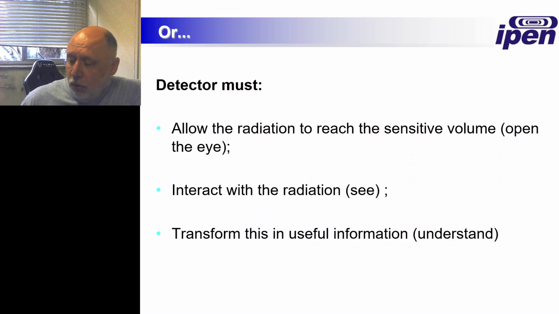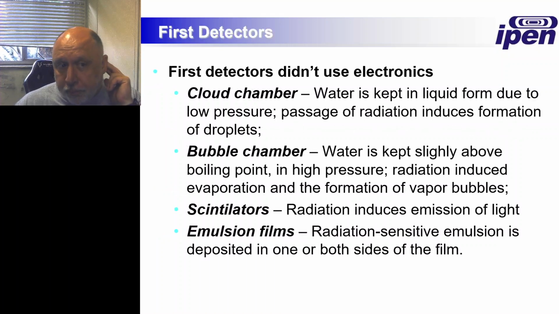We go all the way to seeing it, but the last step, which would be to transform that damage into some useful information, we don't do. So that's important too, that you can somehow collect that information about the interaction and take it to your computer or to a display or something.